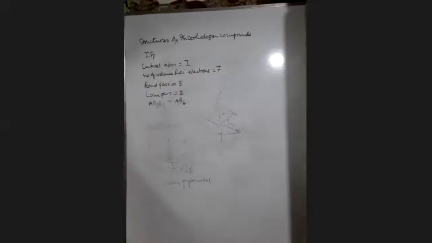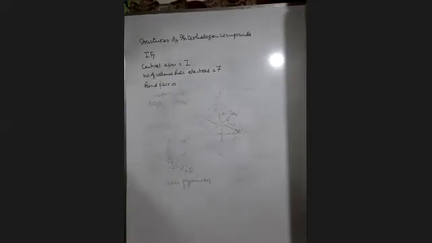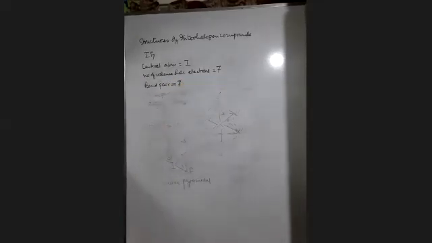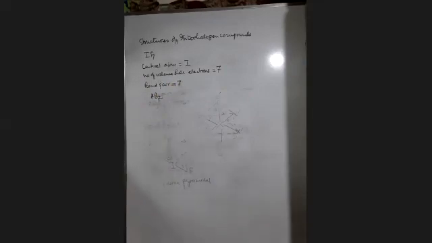How many bond pairs does it have? 7 bond pairs. It does not have any lone pair. So it is 7 bond pairs, no lone pair. So what is this model? The model is AB7. This is not given in your book, in class 11 or class 12, but this is important.